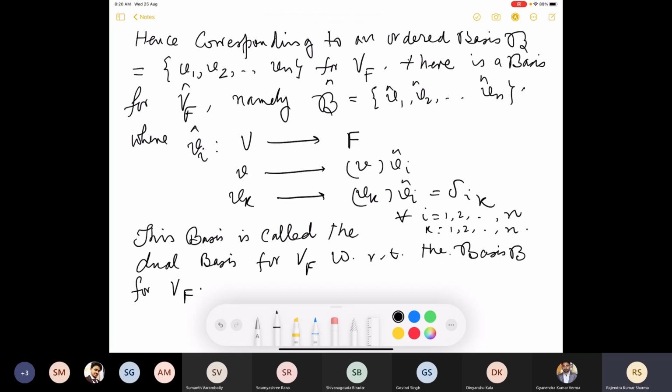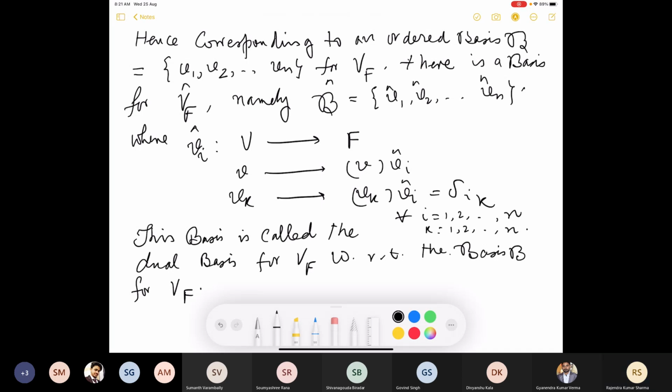It's defined as V1 hat, V2 hat, up to Vn hat. The image of every basis vector Vk of V over F under Vi hat is delta ik, where delta ik is the Kronecker delta. That means this is equal to 1 when i and k are equal, and is 0 when they are distinct.